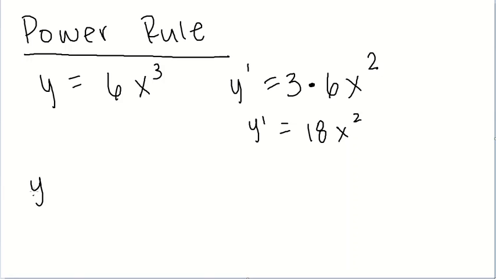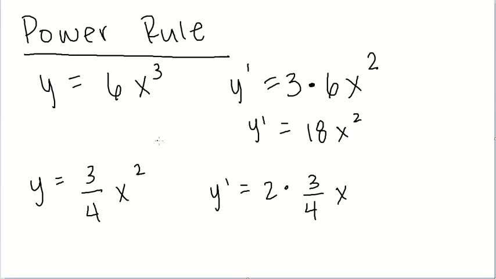So a similar thing, if we have y equals 3/4 x squared, and we want to use power rule to take the derivative of this. We take the 2 and we multiply it by whatever is out front. So we're going to have 2 times 3/4, and then we're going to subtract 1 from our exponent. So 2 minus 1 is going to be 1.